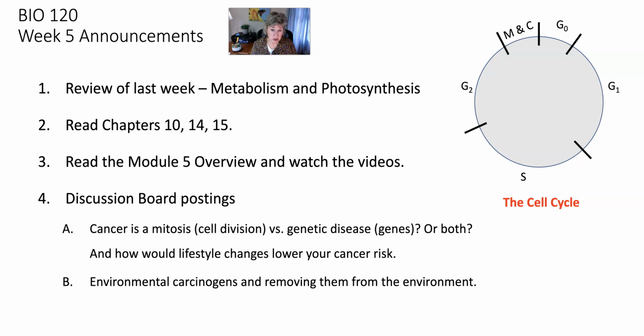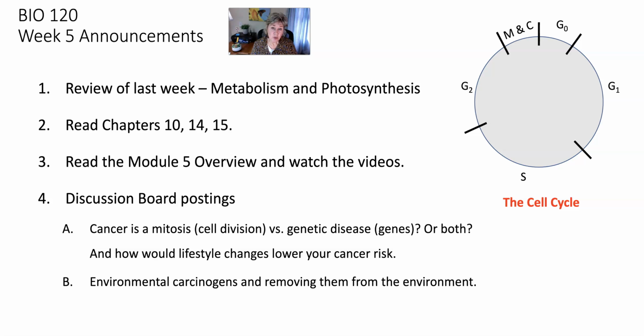The G's used to stand for gap, because we had no idea what was going on in the cells. Now we have changed that terminology and we call these growth phases of the cell cycle. But before we didn't know what they did. So you have G1, and up there at the top you have something called G0. I will get back to that in just a second.